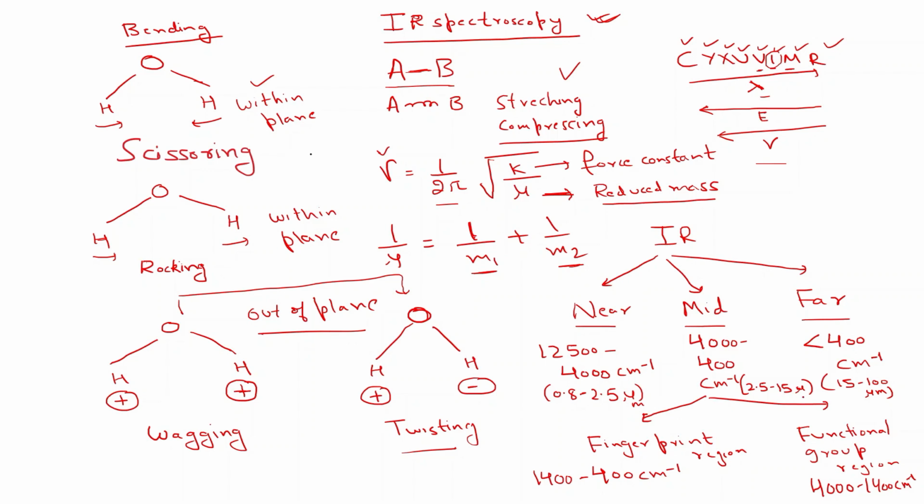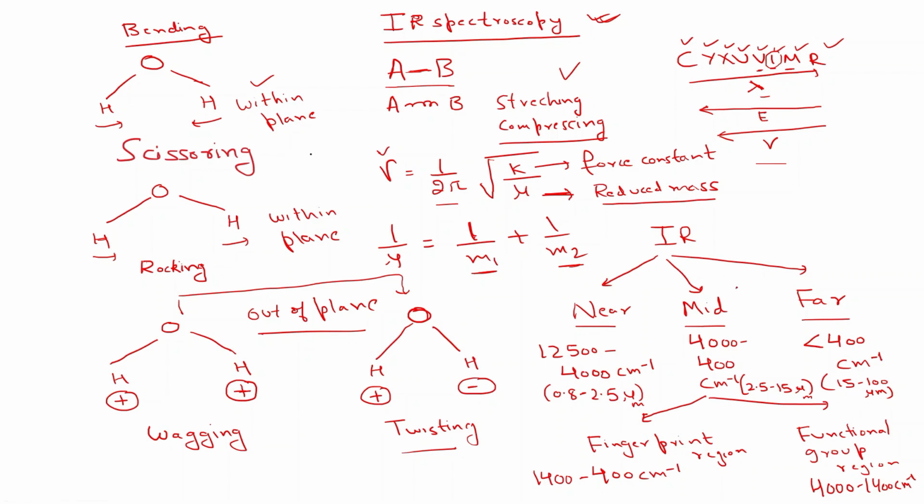The mid IR ranges from 4000 to 400 centimeter inverse, that is 2.5 to 15 micrometer. The far IR is less than 400 centimeter inverse, that is 15 to 100 micrometer.